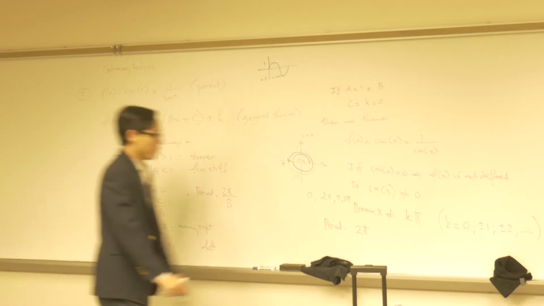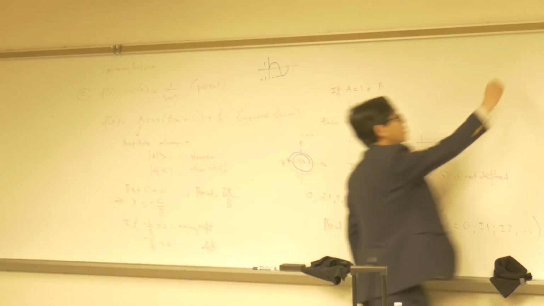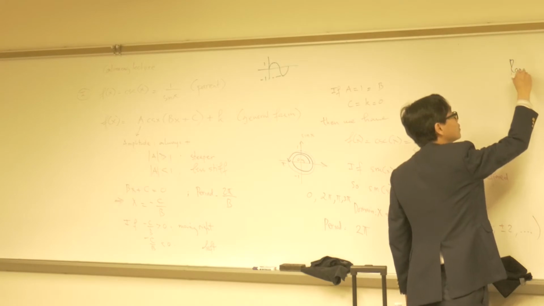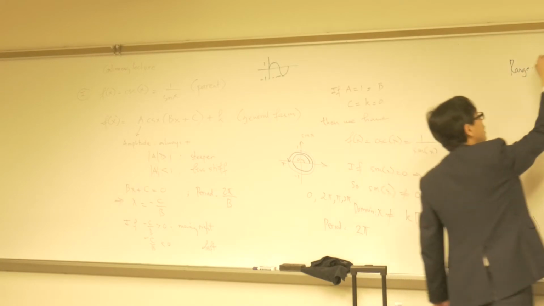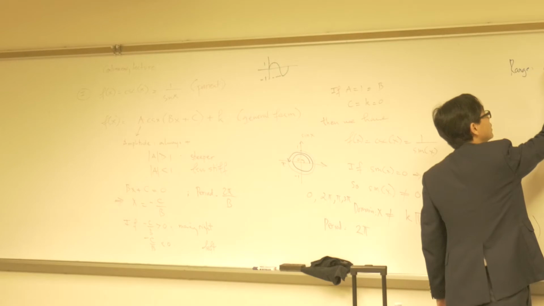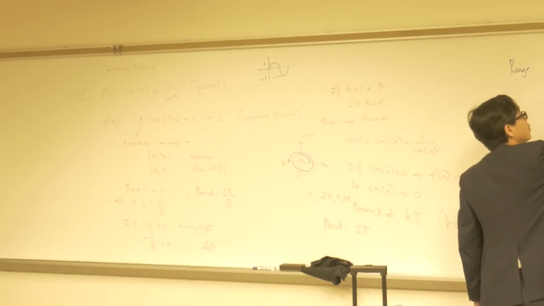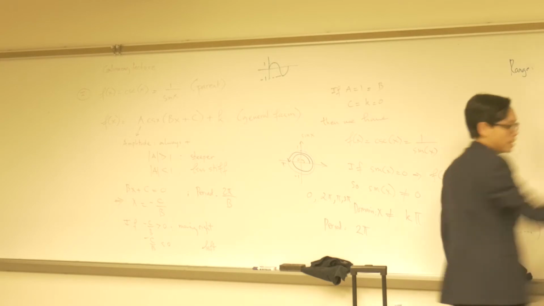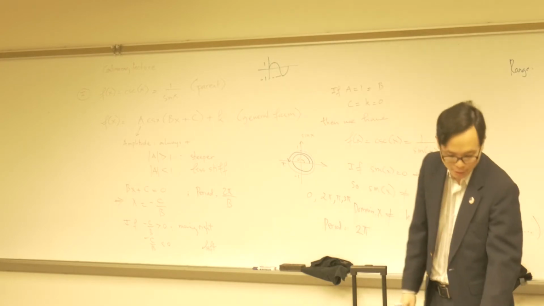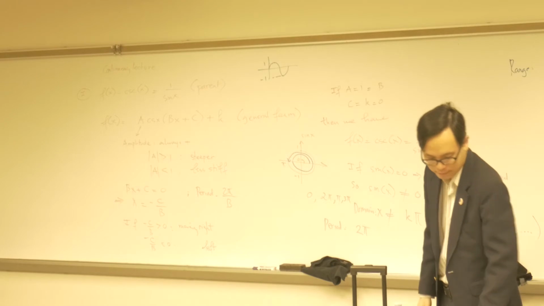Okay. For the range of the cosecant function, it will be from negative infinity to negative 1, union 1 to positive infinity. And I will explain why we have that.